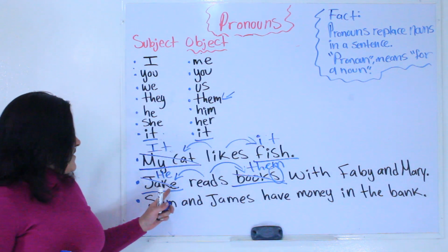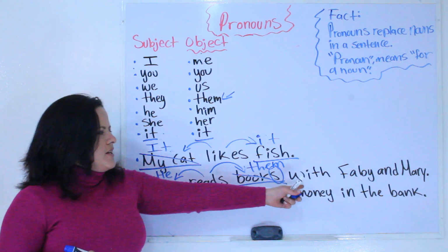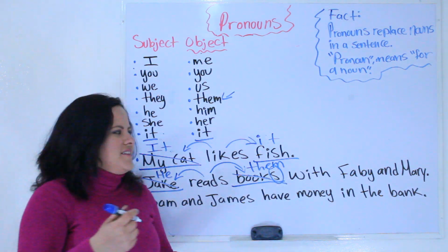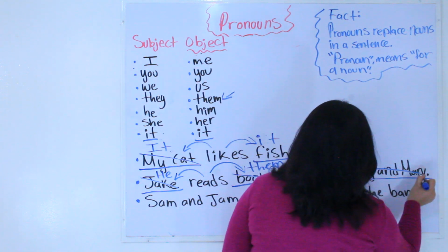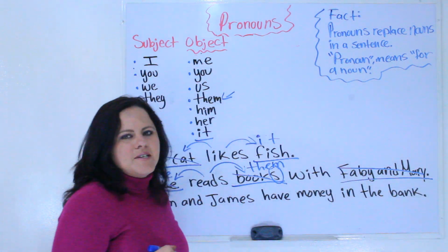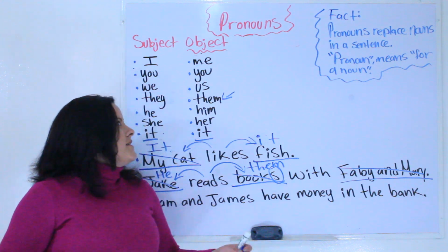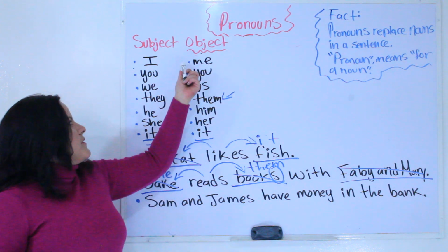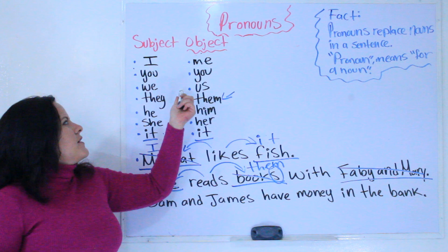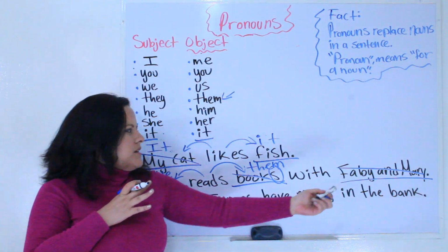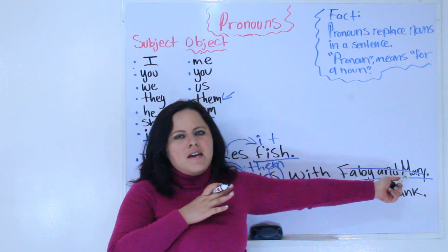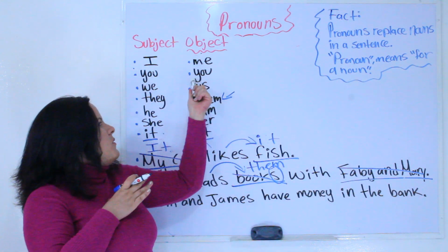He reads them with, okay, again, let's go to the last part. Fabby and Mary. Fabby and Mary are the object of the sentence. All right, so object, we look for an object pronoun. Fabby is, oh, me, I'm Fabby. But it's also Mary, not only me. Fabby and Mary. You?